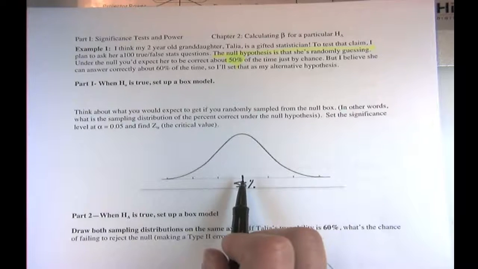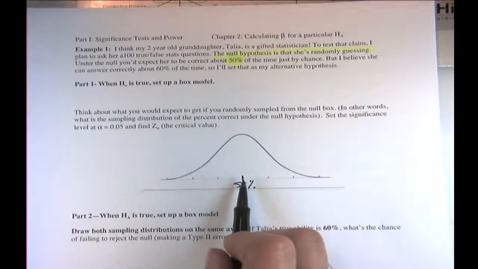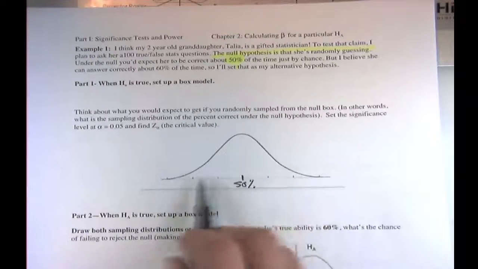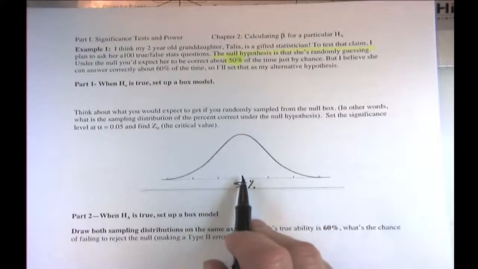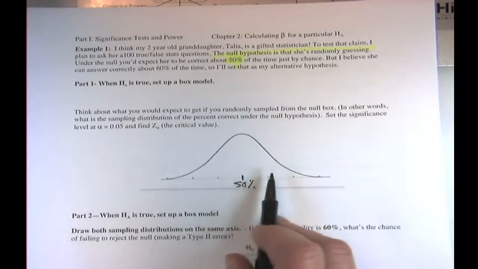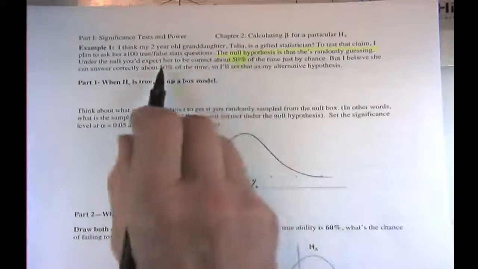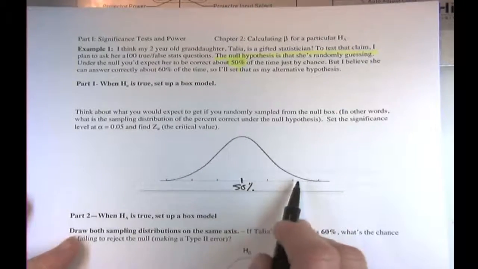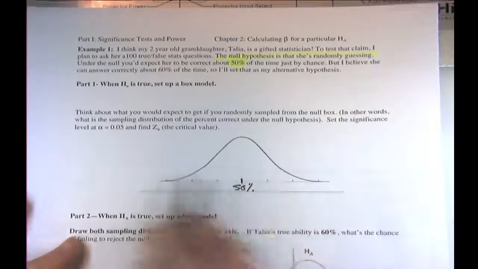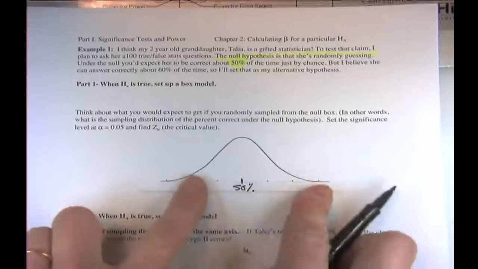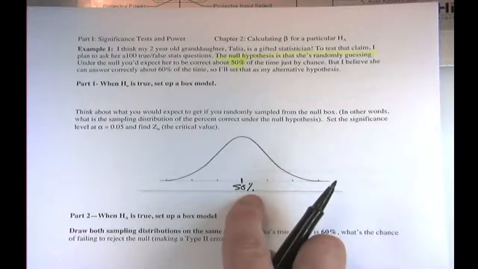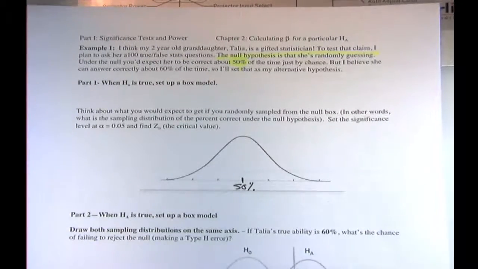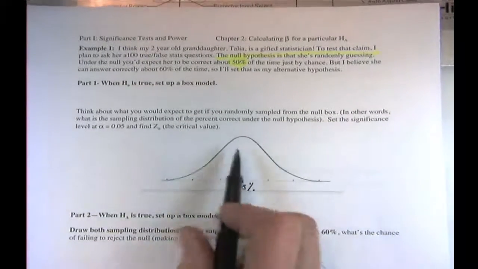She's not going to get exactly 50% correct. Just by the luck of the draw, she's going to do better or worse. So what's the probability that she'll get 60%? That's what I'm interested in here. That's going to be my alternative. What about 70, or 50? How do I know the error bars around 50%? I need to find my standard error, the error bars around here.